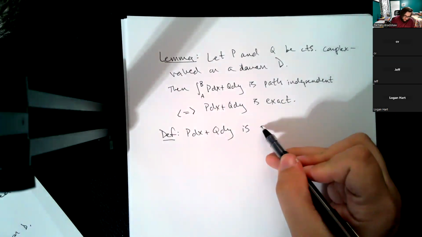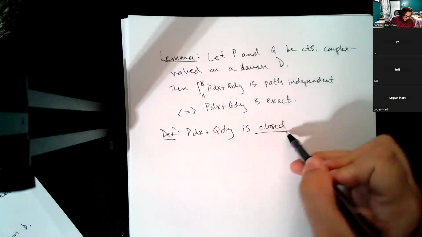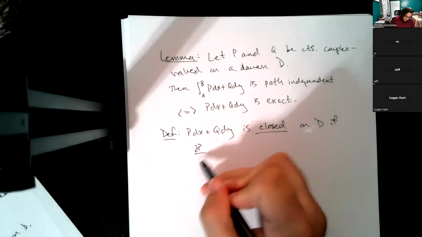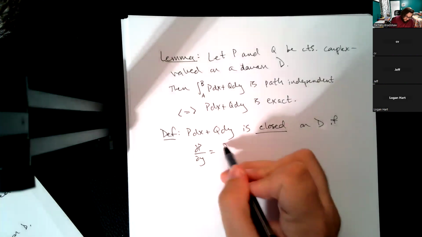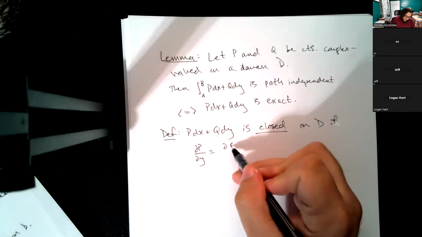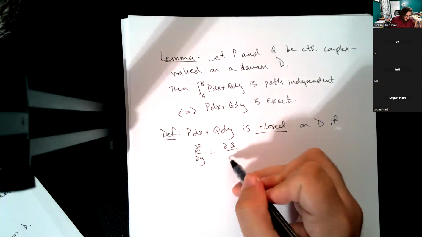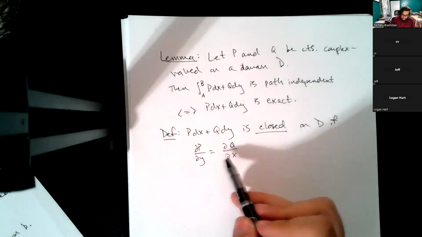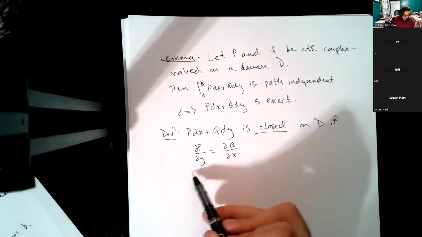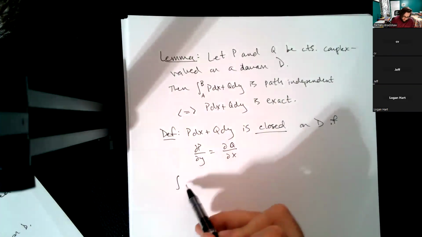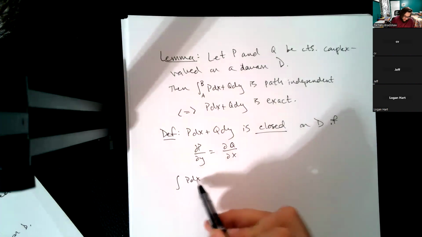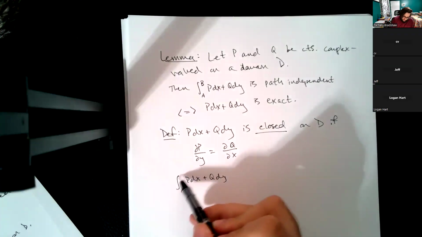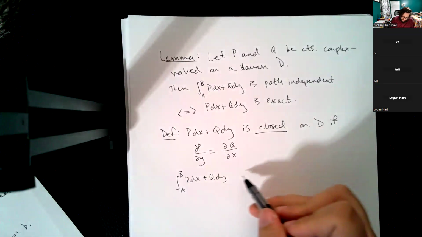So this differential is called closed on D if the partial derivative of P with respect to y is equal to the partial derivative of Q with respect to x. So by Green's theorem, this is the condition that the integral of the differential is equal to 0.